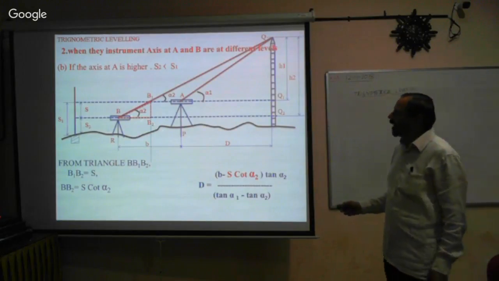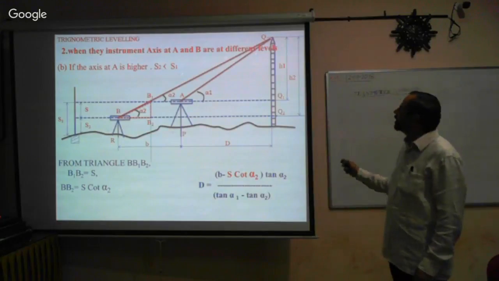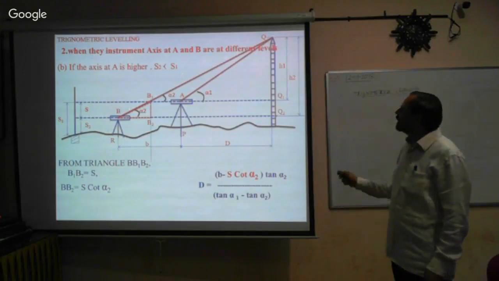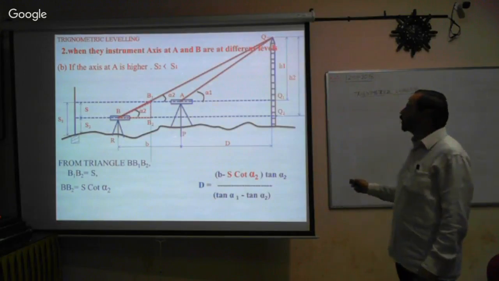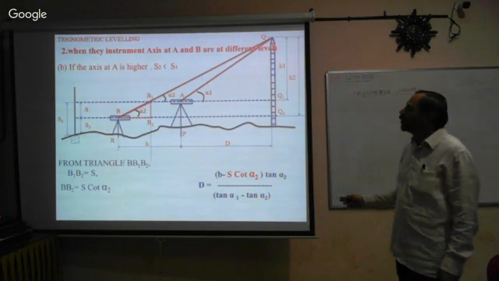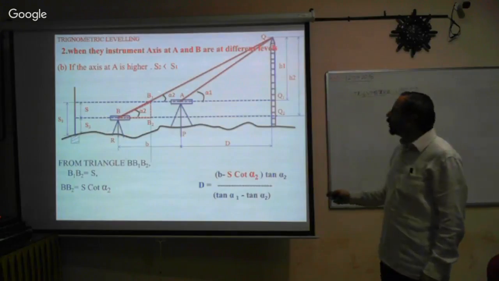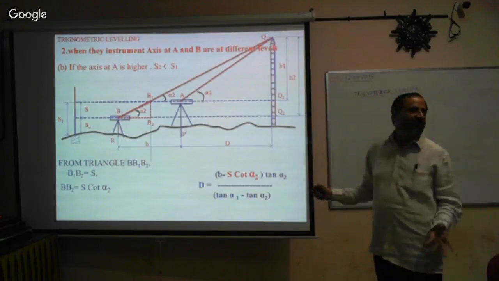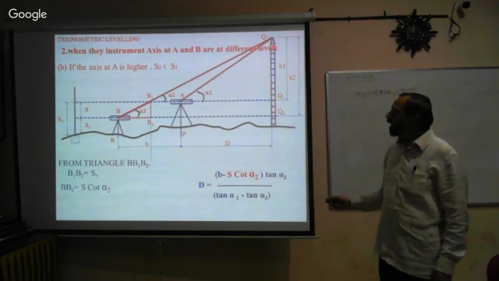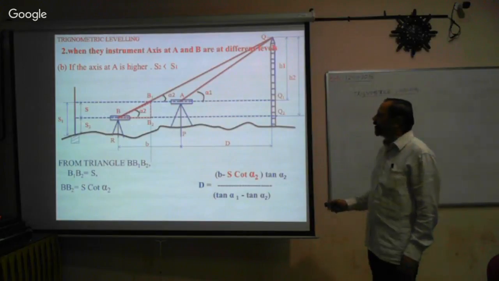Then for the second one, consider the second triangle, that is QBQ2. Now what we have done, we have modified the triangle into QB1Q1. How has it been modified?